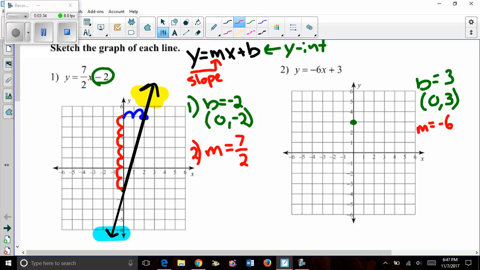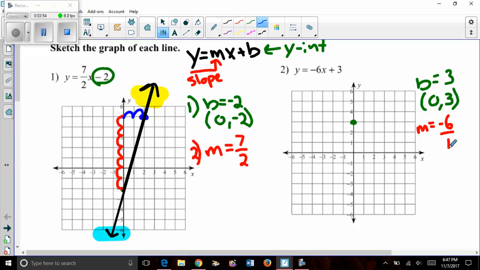Our -6 tells us we are going to count down 6, but we need something to tell us whether we go left or right. Anytime you have a whole number, in order to turn it into a fraction, just divide it by 1.